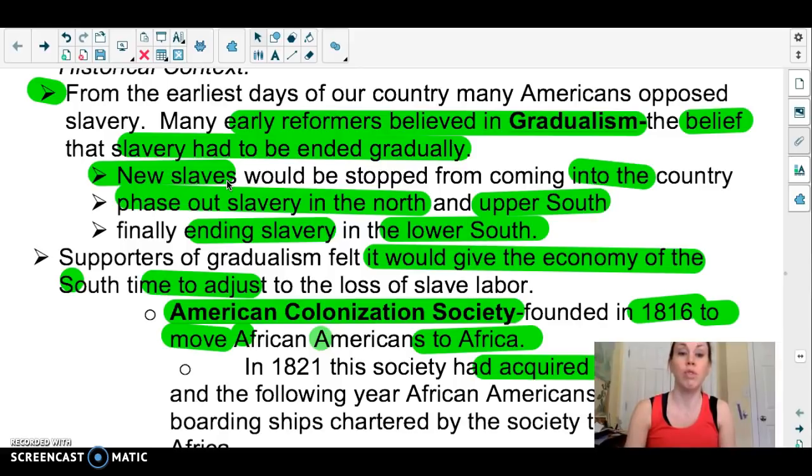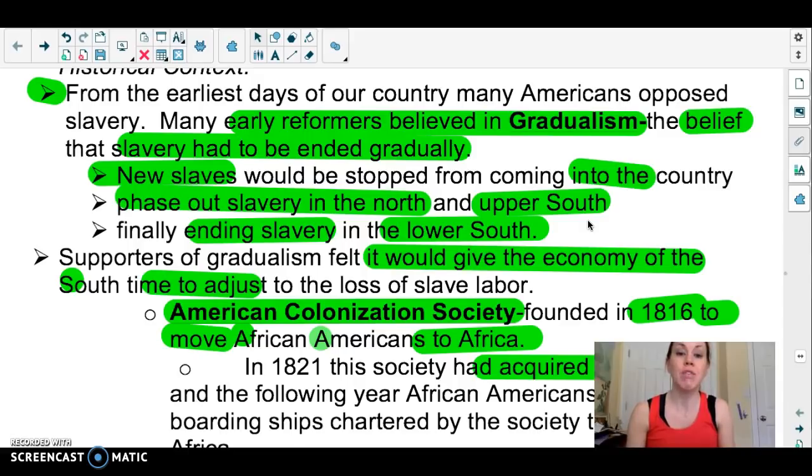So they're going to get rid of it in the North and the Upper South, such as Maryland, Virginia, North Carolina. We're at the bottom of the Upper South. So anything North Carolina and up, this is where they would get rid of it.